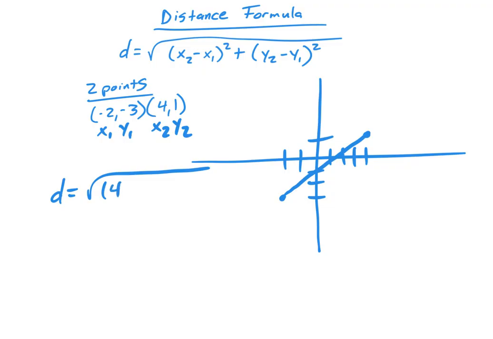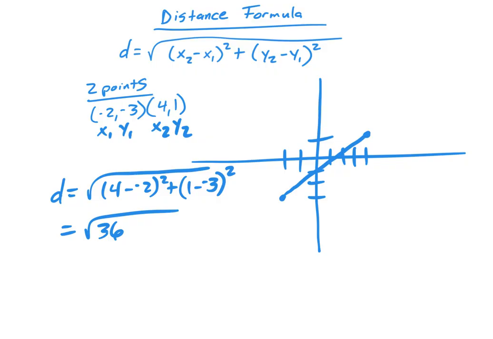Really watch your signs here. 4 minus -2 squared. And then y2 minus y1 would be 1 minus -3 squared. Just inserting those numbers right into the formula. The reason you've got to be careful of your signs: 4 minus -2 really means 4 plus 2. 4 plus 2 would be 6.